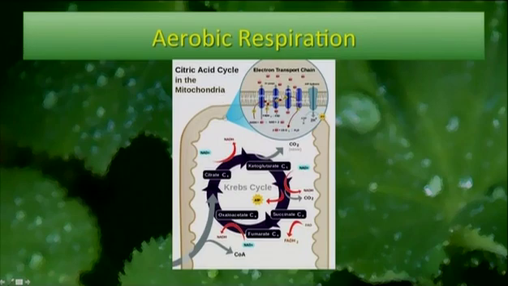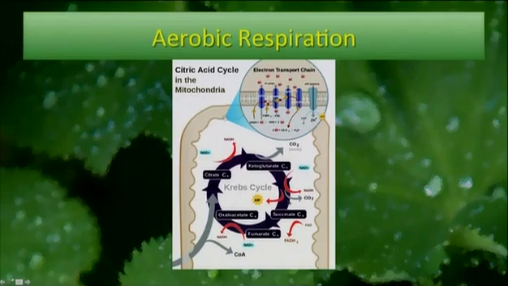The coenzyme A goes off, a 2-carbon joins with this 4-carbon and becomes a 6-carbon, then a 5-carbon, then a 4-carbon, then it goes through several other changes until it regenerates oxaloacetate. Another thing that happens is that you get 3 NADHs.